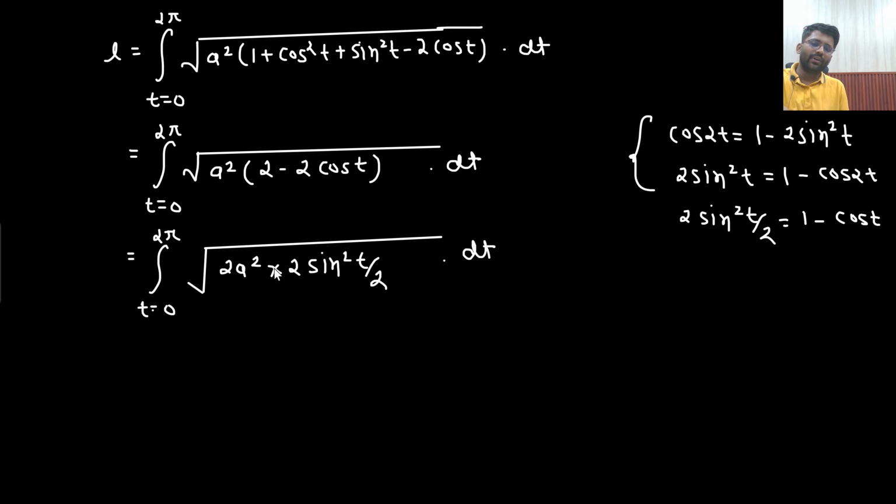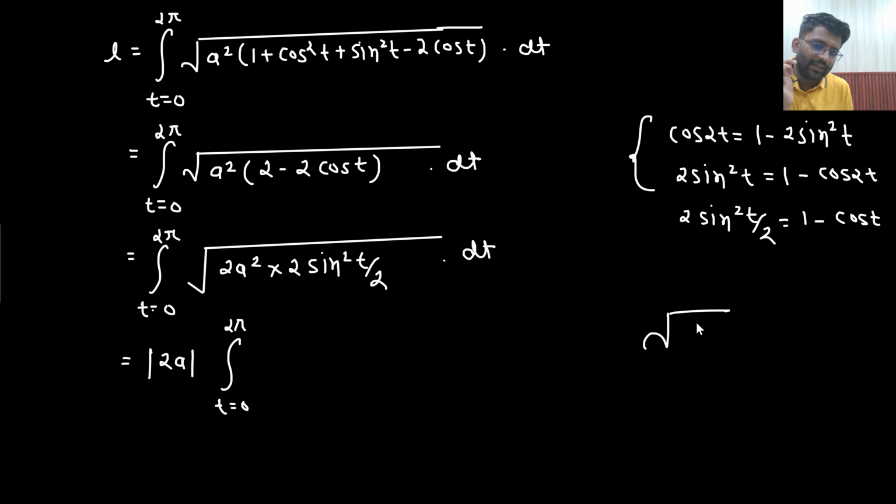So now 2a square into 2 will become 4a square. What will be under root 4a square? That will come out as mod of 2a. Right? And t going from 0 to 2 pi under root sin square t by 2.